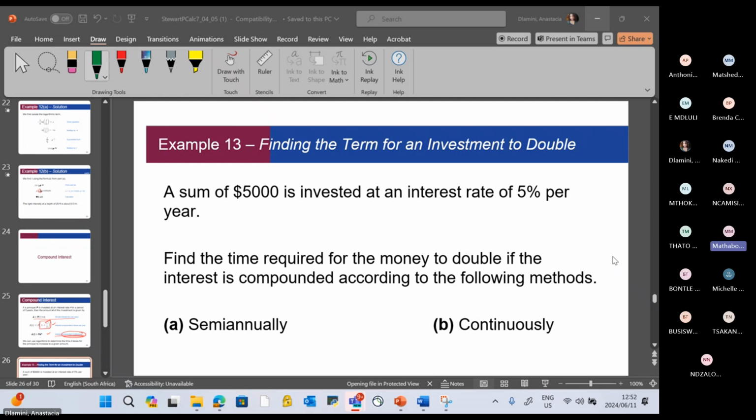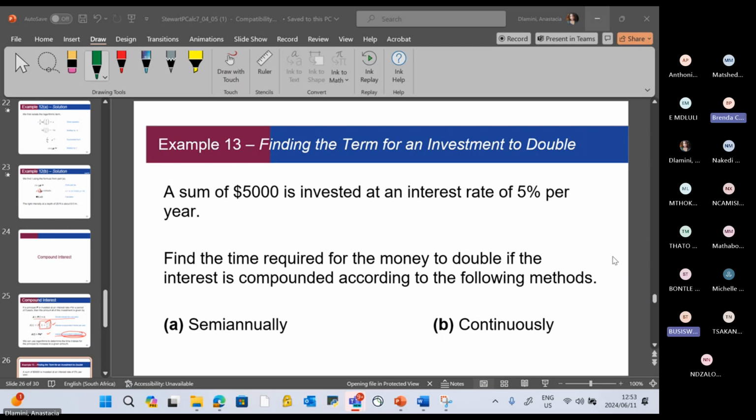Let's write individually. We can talk here also. I just see people are quiet. Okay, so on the left side of the formula, the accumulated amount is going to be 10,000, because they say it's double, so we multiply 5,000 times 2.